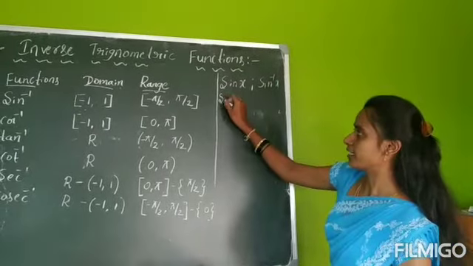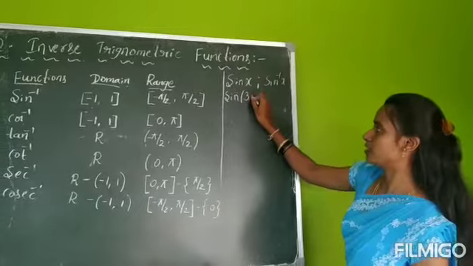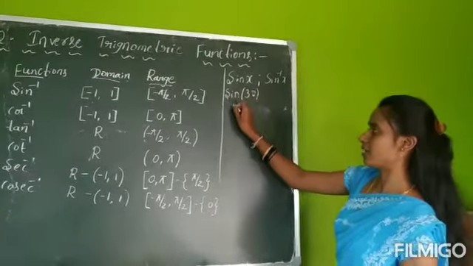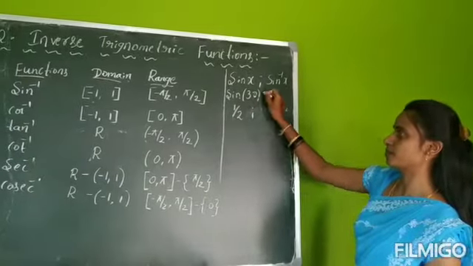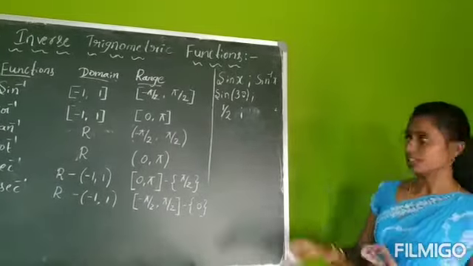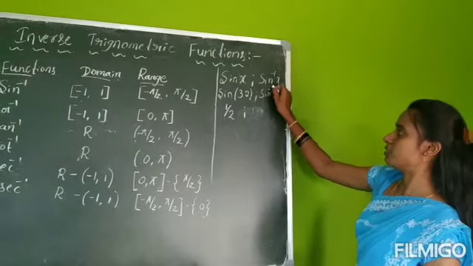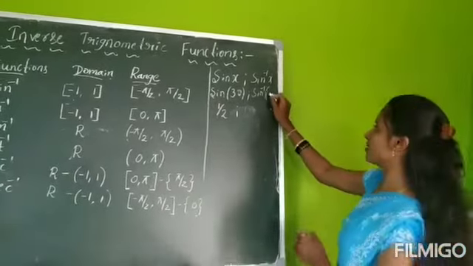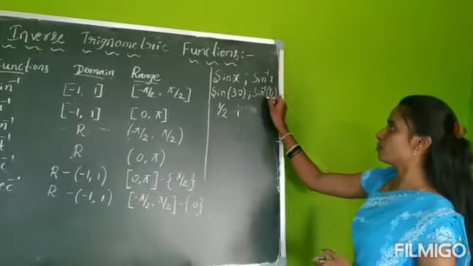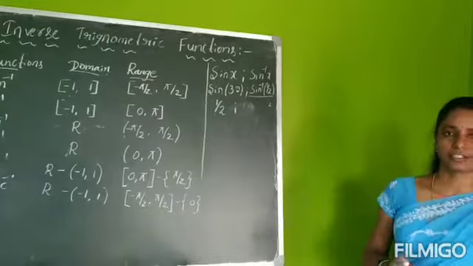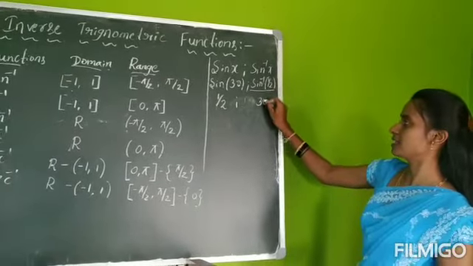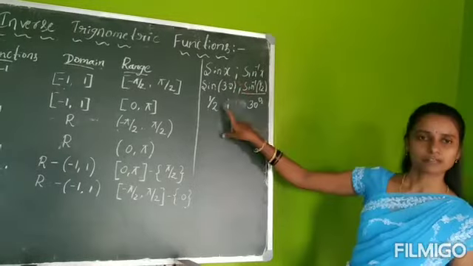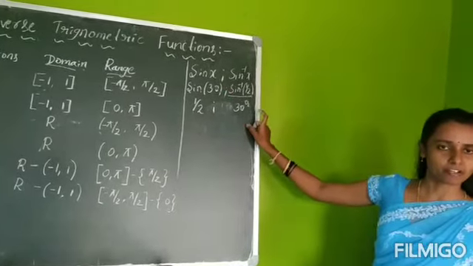Here we can find the value for a given degree in the trigonometric function, so sine 30 we can write as 1 by 2. Whereas in an inverse, they'll not give you the degree, they'll directly give you the value, sine inverse of 1 by 2. For this, you need to write the degree, that is 30 degree. This is the small difference between a function and an inverse trigonometric function.